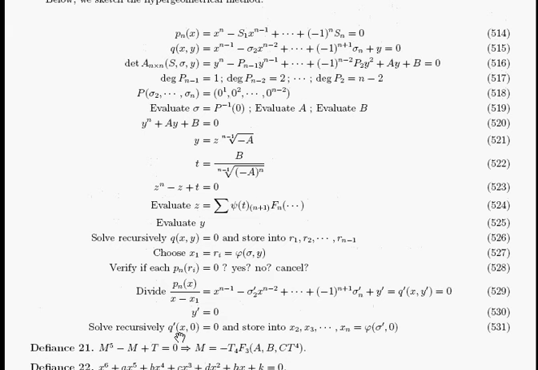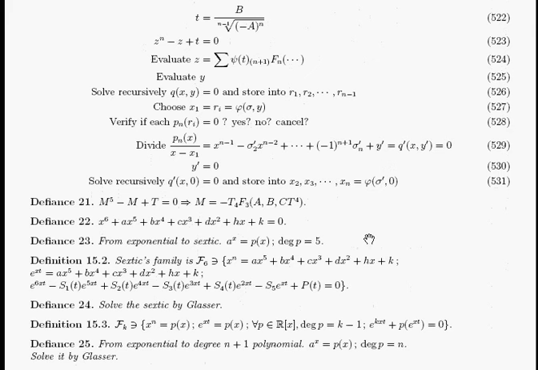Solve recursively another q line of x, 0 equals to 0, and these n minus 1 x's, which are functions of sigma line and 0, are what we want.